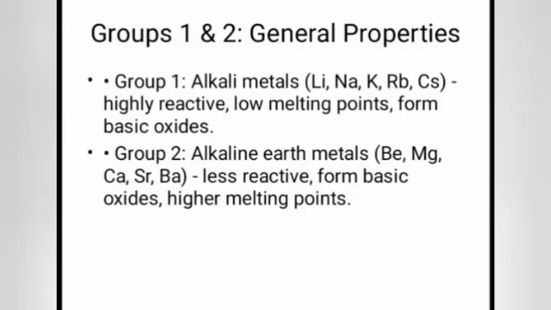Even rubidium ion will have plus one. For group two, they will always be divalent. Be would have plus two, Mg plus two, Ca plus two, Sr plus two, and going downwards. So that's how they behave.